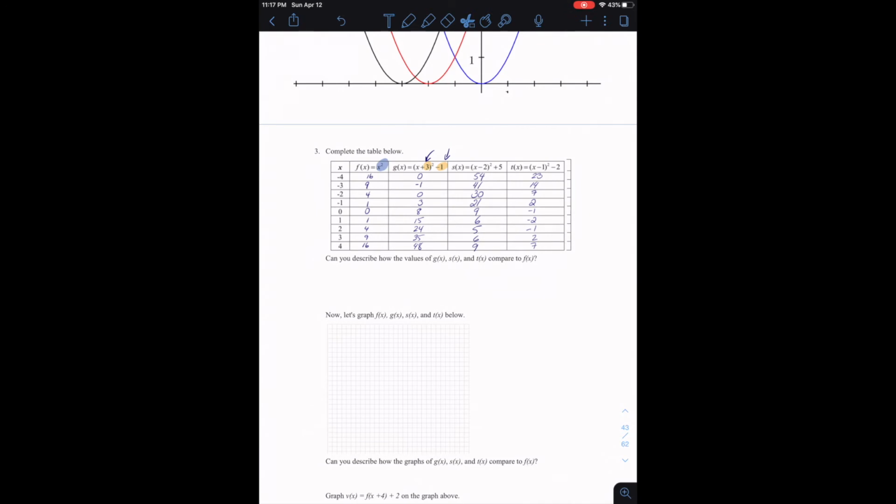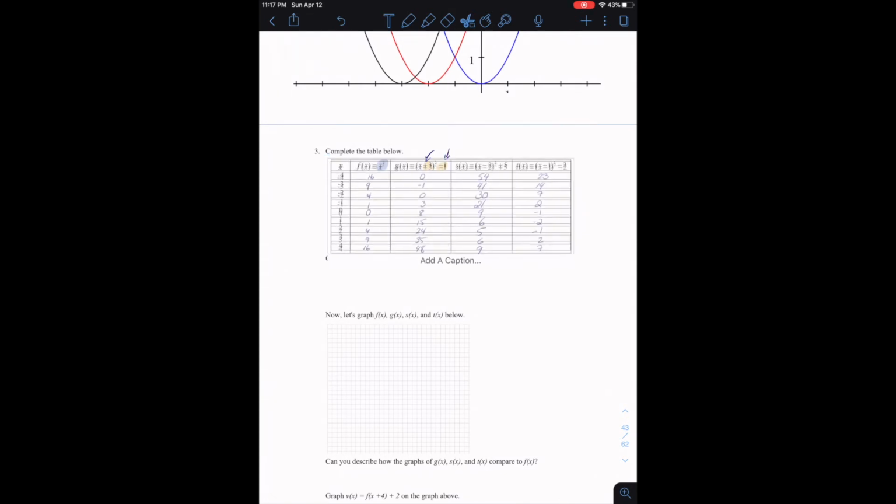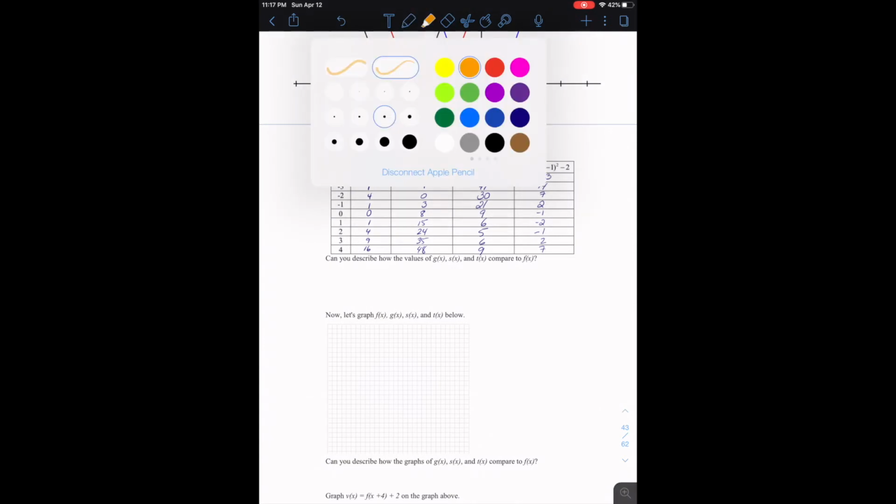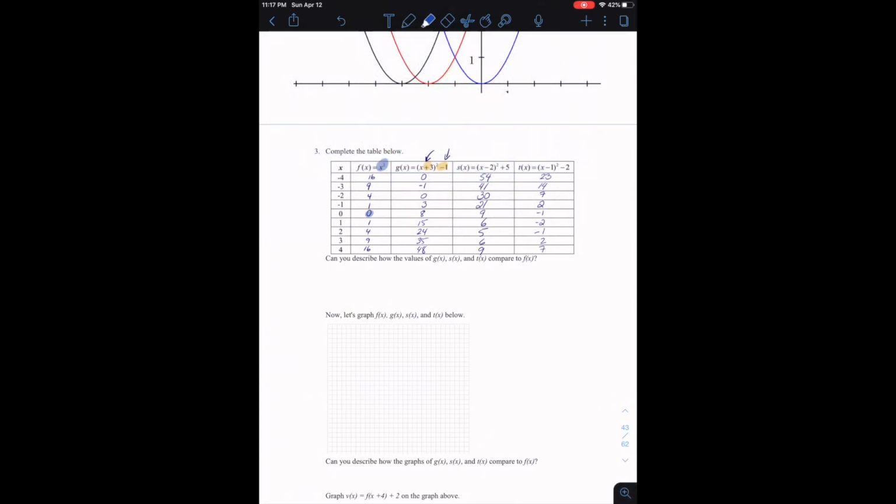Okay. So we're going to create the table of values, and we're going to look at what's happening, try to observe what's happening with the values here. So let's see. We're used to our regular function.